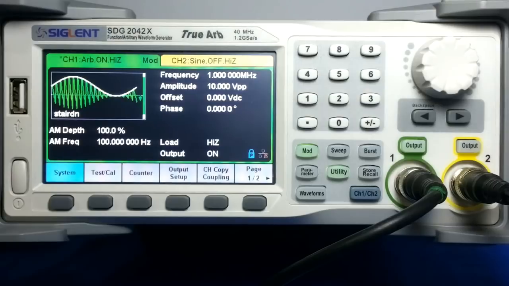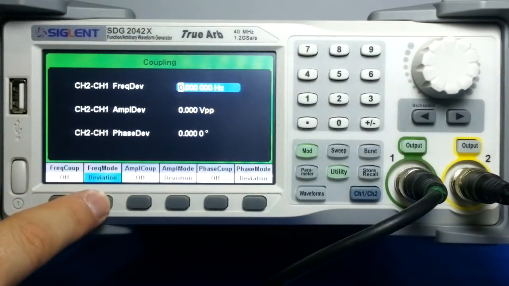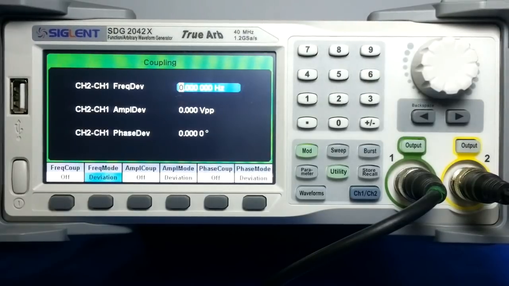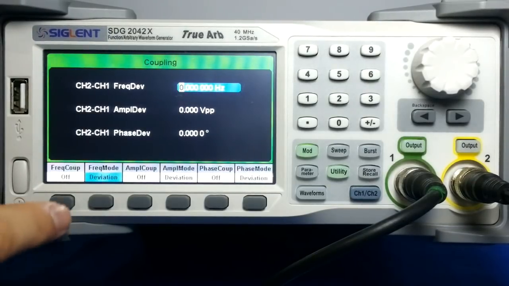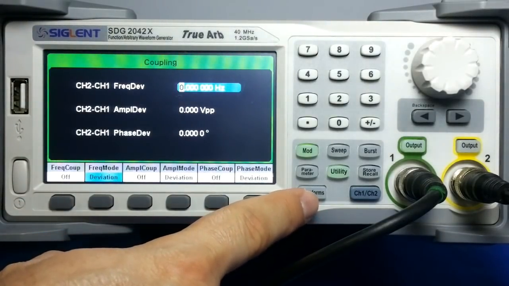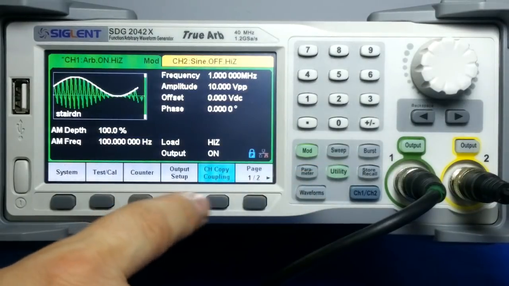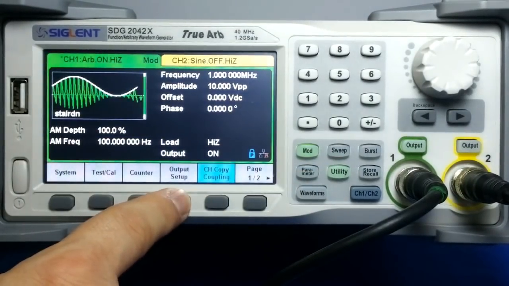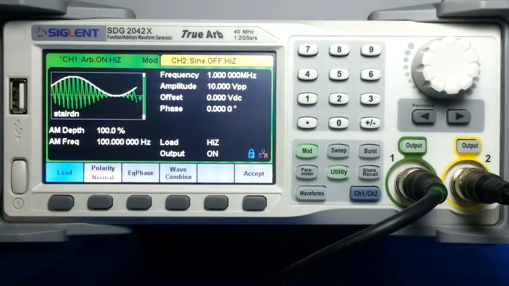Channel coupling. I can change the phase shift between the waves. And also I can combine the waves.